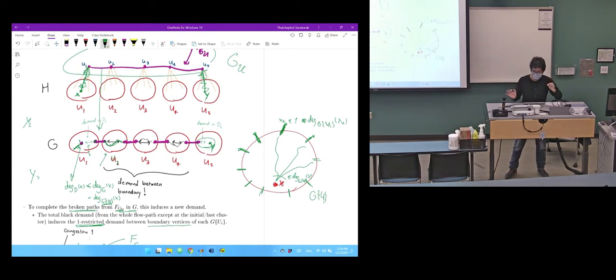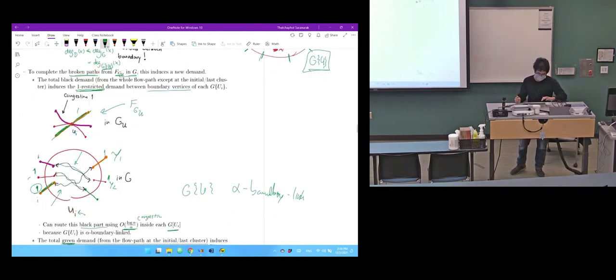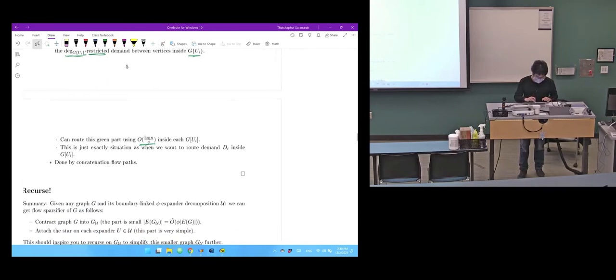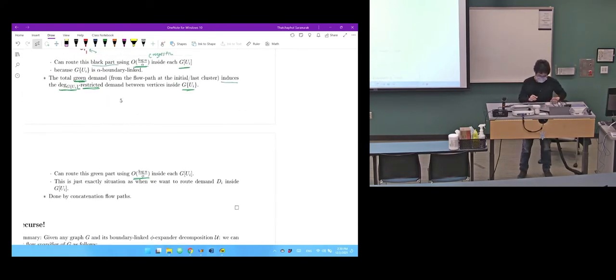So the demand of everyone, the green demand here, induces a demand inside G, where everyone wants to send or receive at most their degree. So you have this degree restricted demand between vertices, including the boundary guy in this graph.